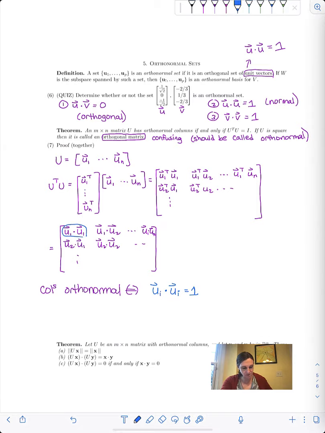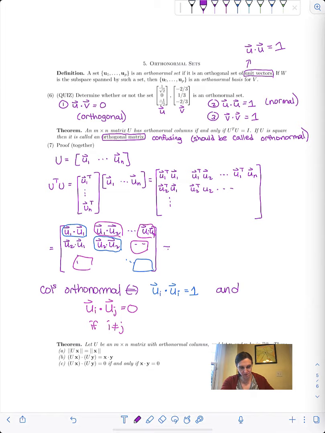These are the entries along our main diagonal. And we have one other thing that we need. Anything that's not dotted with itself, this is the orthogonality part, must have dot product 0. And so that means that everything else has to be a 0. But that just gives us the identity matrix, because that's the matrix with 1s down the main diagonal and 0s everywhere else.